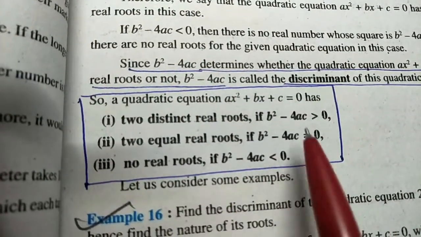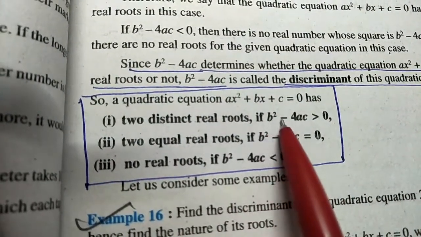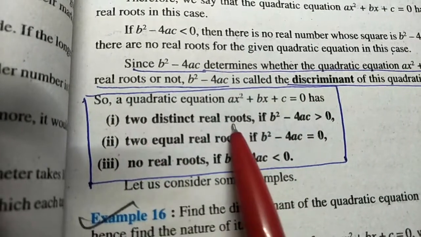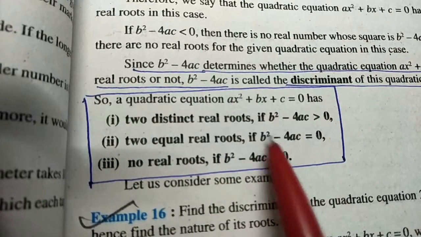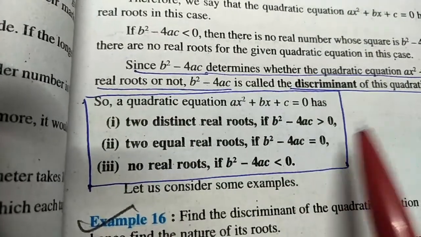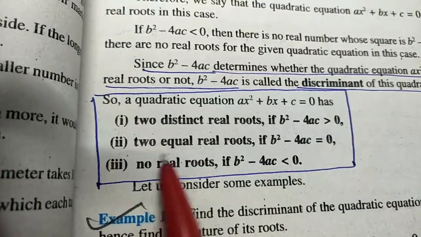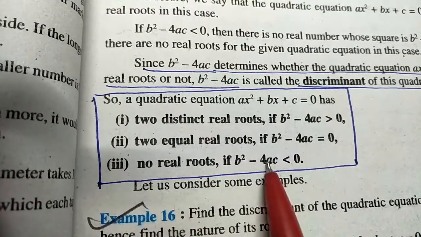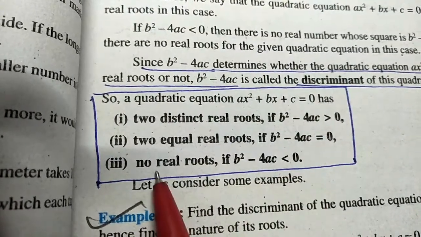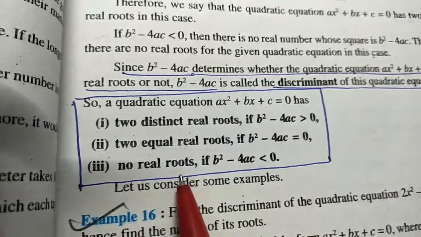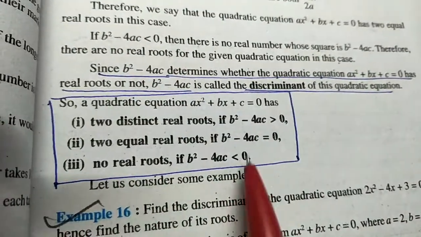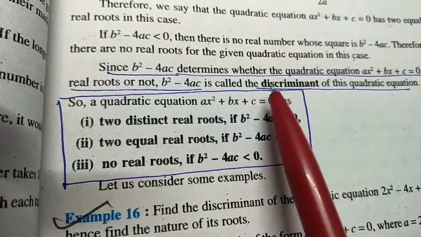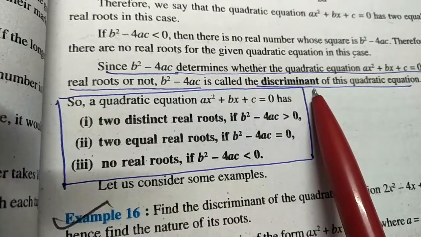Because if b square minus 4ac is greater than 0, then you will have two different roots. If b square minus 4ac is equal to 0, then you will have two equal roots. And if b square minus 4ac is less than 0, then you will have no roots. So this decides whether you have got the roots of the quadratic equation or not. That's why it's known as a discriminant.